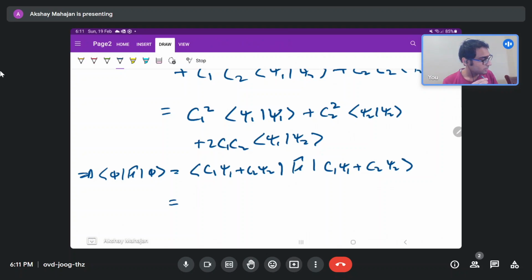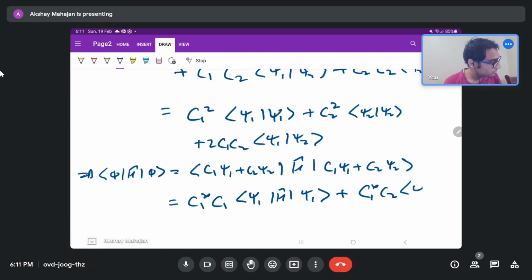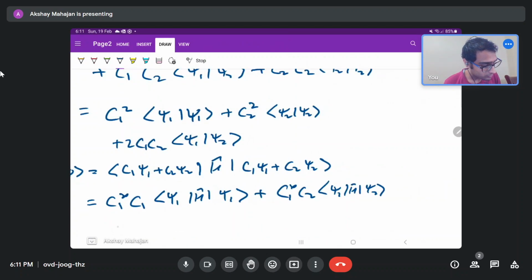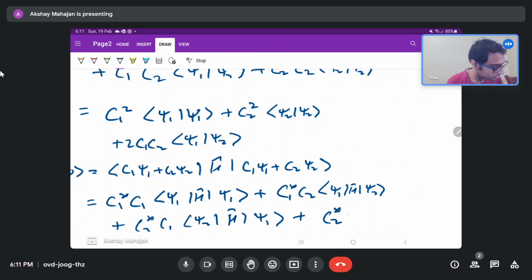Again you can expand: C1 star C1 psi1 H cap psi1 plus C1 star C2 psi1 H cap psi2 plus C2 star C1 psi2 H cap psi1 plus C2 star C2 psi2 H cap psi2.